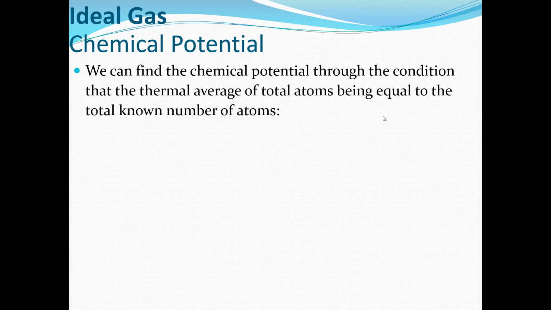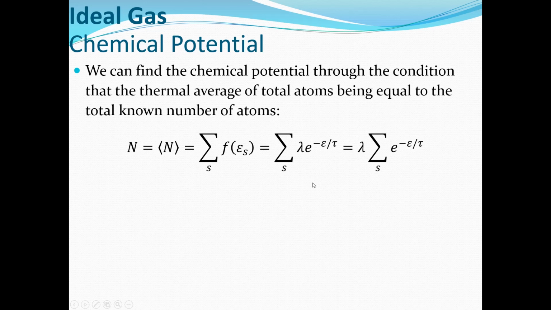So the next thing is a little bit more about chemical potential. So here, we can go back and talk about the whole average number of particles. If we basically just sum up, with the chemical potential, it says that the total number of particles is going to be equal to our average number of particles.